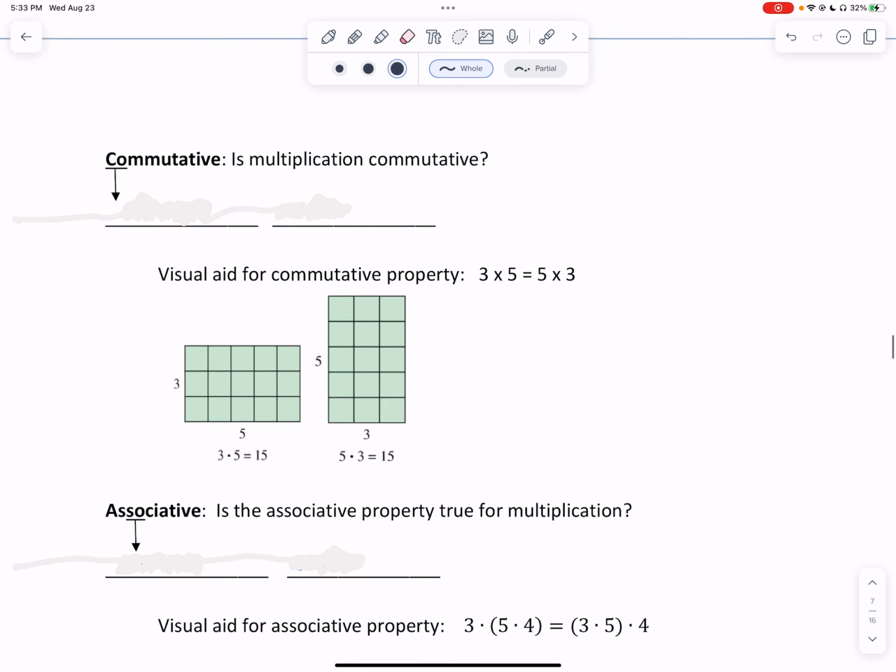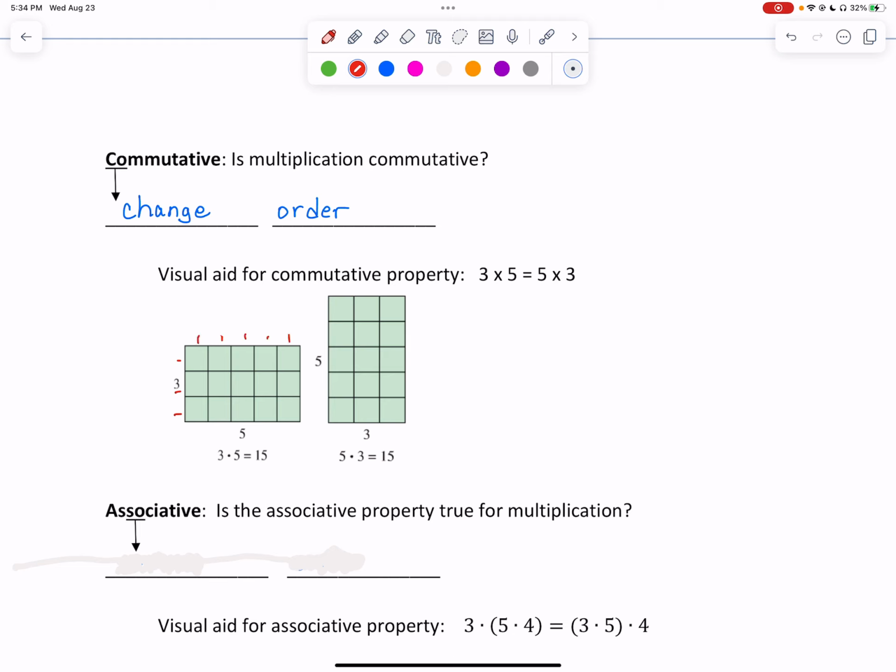Okay, is multiplication commutative? Can I change the order? So in this case, here'd be an example. Is 3 times 5 the same as 5 times 3? Okay, well, here is a visual model. Here is my rectangle. It has 3 rows and 5 columns.